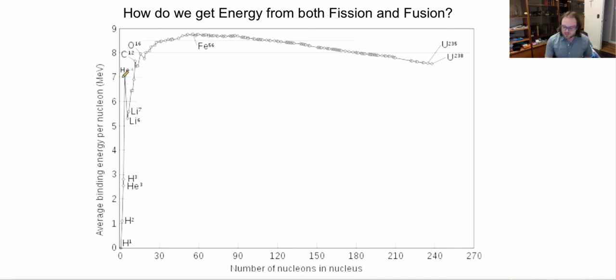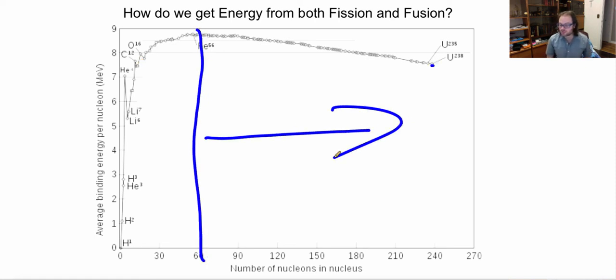Now, eventually there's a little dip here, so we're going to ignore that, but then we could go to carbon right here, and carbon has higher binding energy per nucleon than helium. Remember, this is per nucleon. Look at how steep that gain of energy is. That shows how fusion produces quite a bit more energy than fission, which is on this side. So this side here is fission, this side here is fusion.